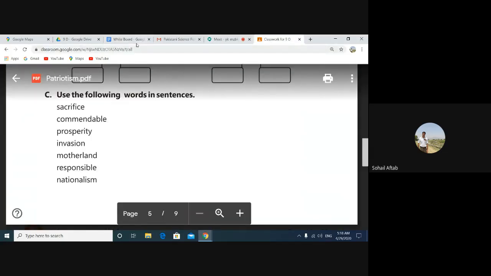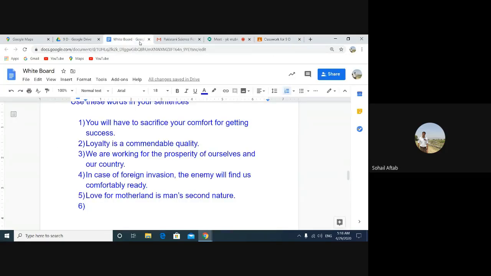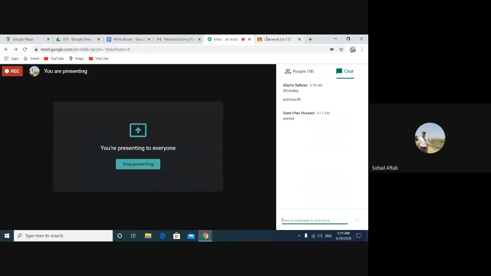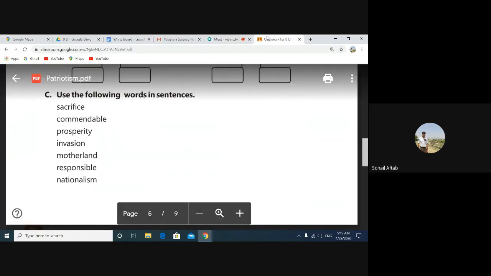Responsible citizens abide by the law. Abide by law. Next we have nationalism.